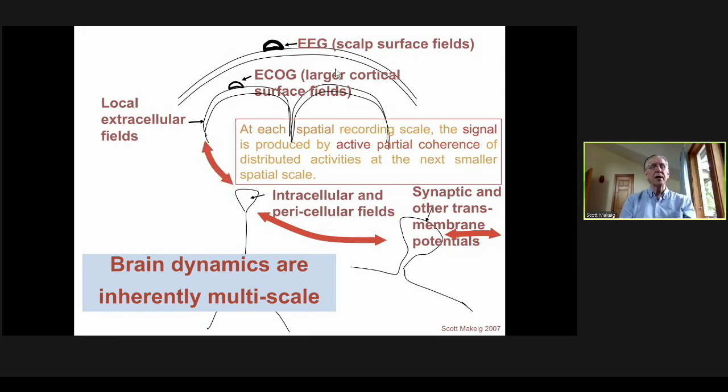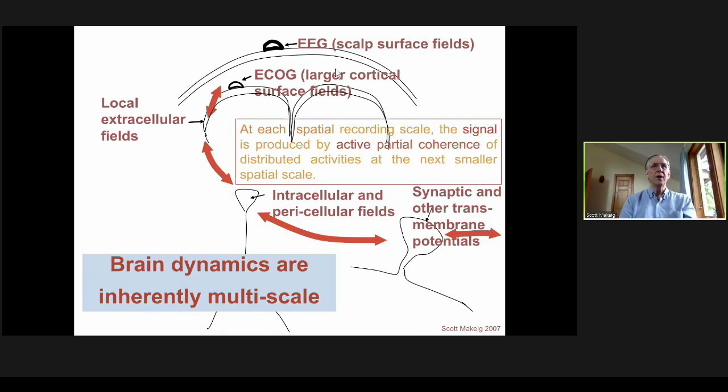If you record outside a cell, you're again seeing the coherence in time and space of neuronal currents associated with this neighboring cell structure.